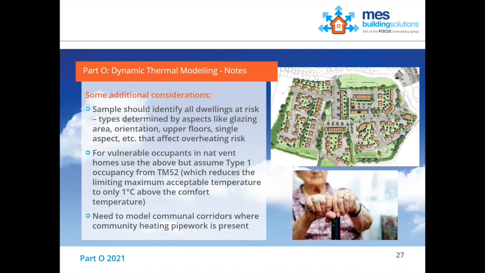We can't have as much gain in that space because our target's lower. But that's the one that has the most impact. We don't necessarily have to consider every single unit on a site.